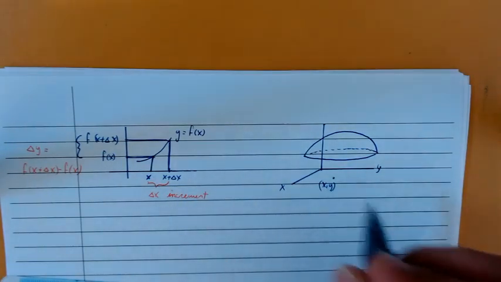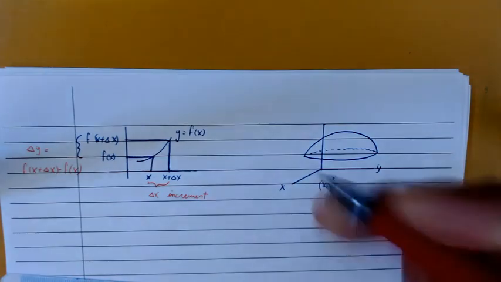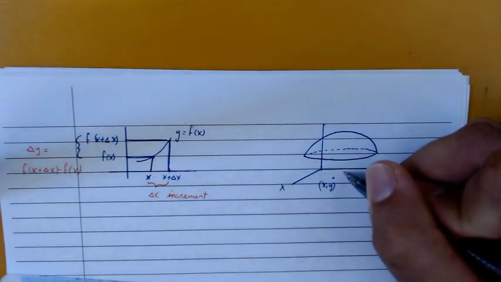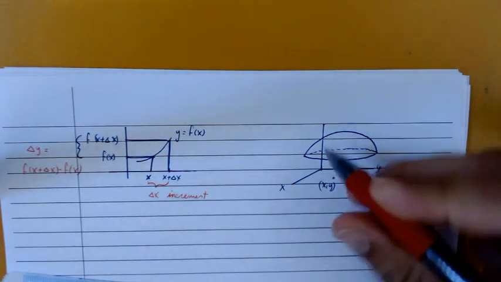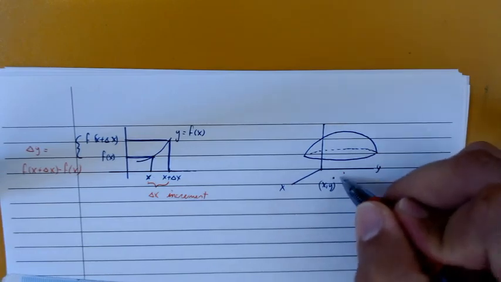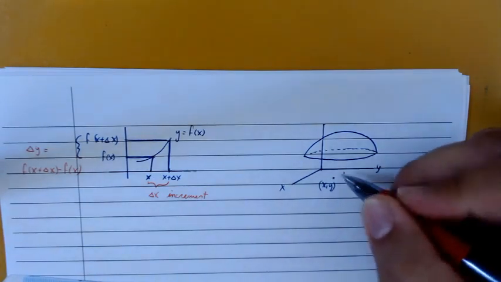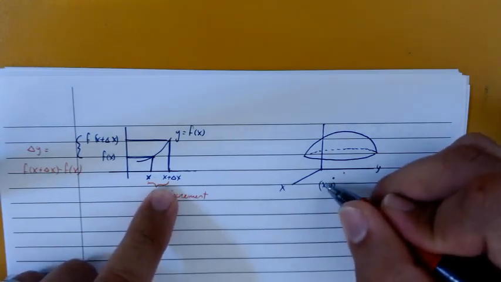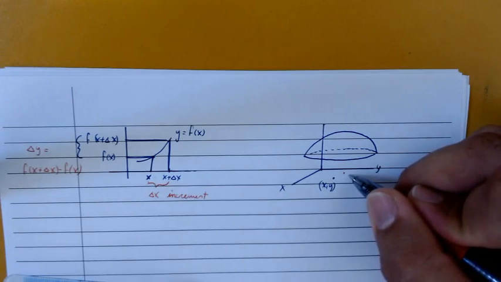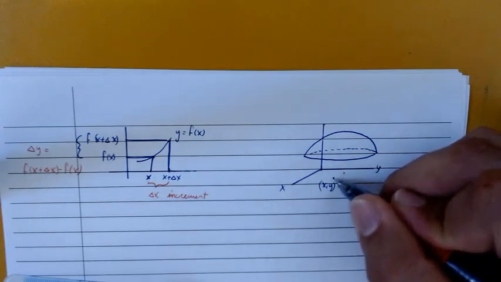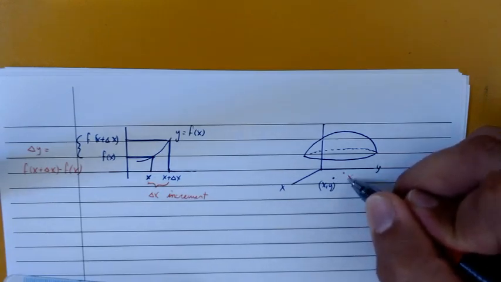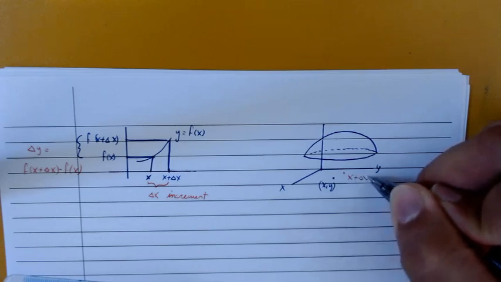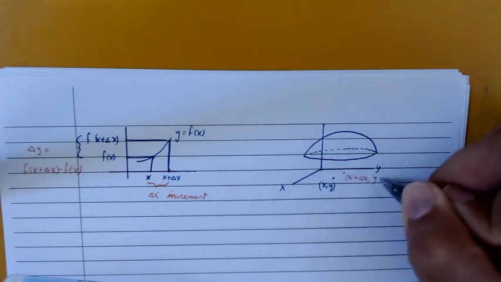I'd have to add a little something to my x and a little something to my y. So the little tiny point that's very, very close by would be x plus delta x, comma y plus delta y.